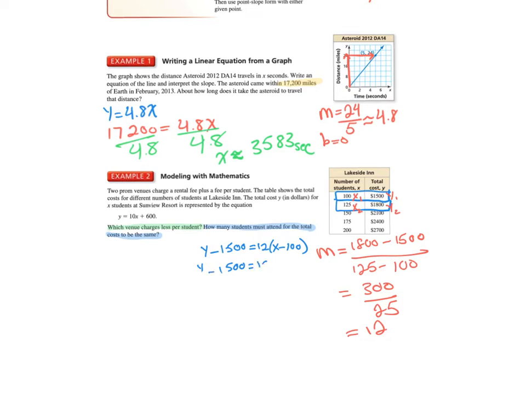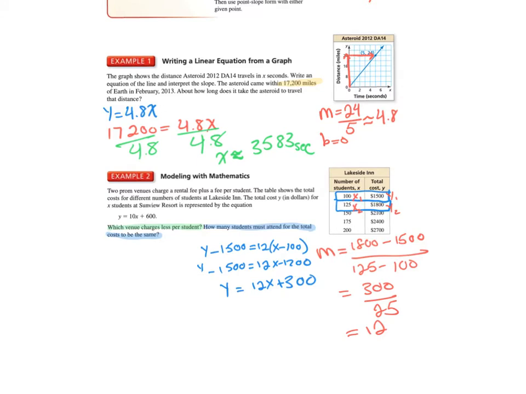Distribute the 12. We're going to add 1,500 to both sides. So we get y equals 12x plus 300. So that is the equation for Lakeside Inn.